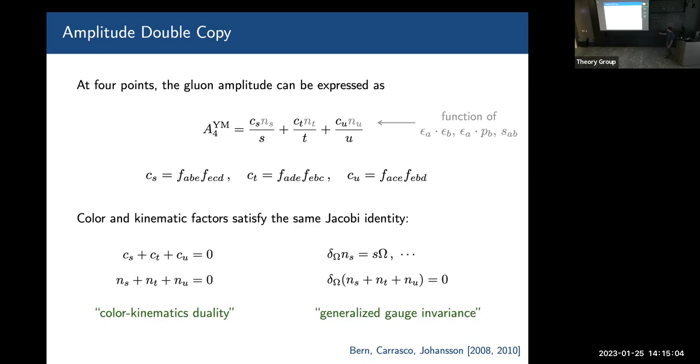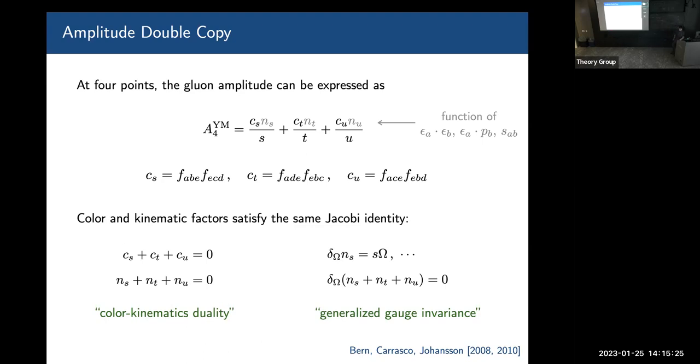In principle, you can use some arbitrary kinematic function omega to shift things around, but this duality is invariant under any choice of this gauge. So there seems to be something secretive going on that gives this duality between color and kinematics.